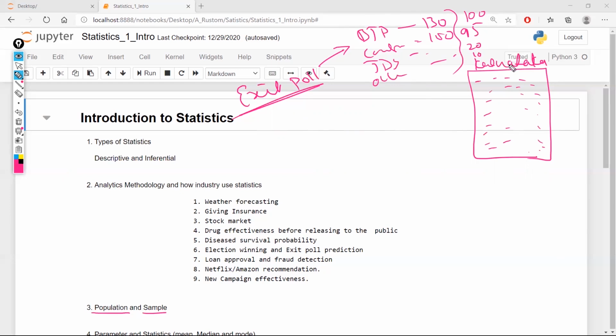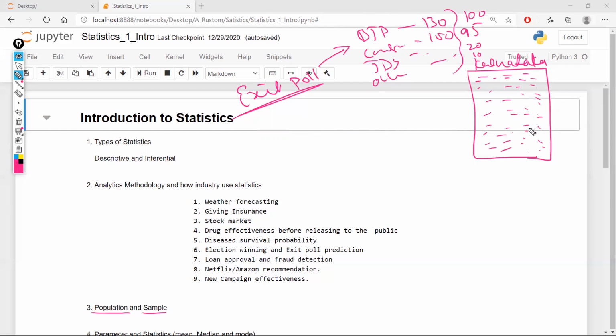Because they are not going to study the entire population. It is impossible to reach each and every person in any state, whether Karnataka, Tamil Nadu, UP, MP, Rajasthan, whatever it is. It is impossible to reach everyone and take their opinion.